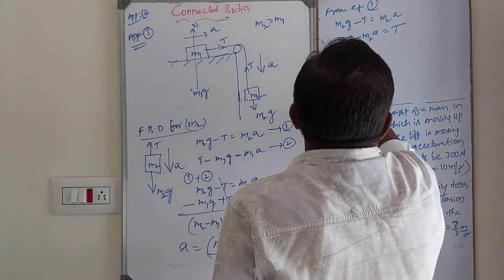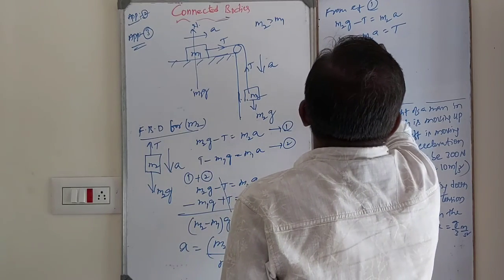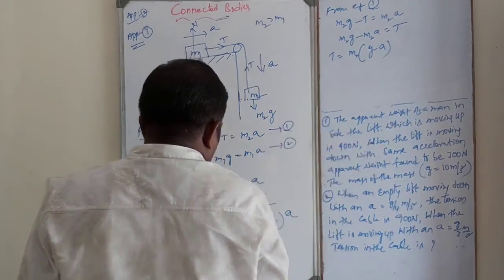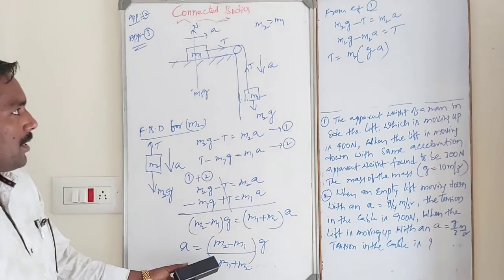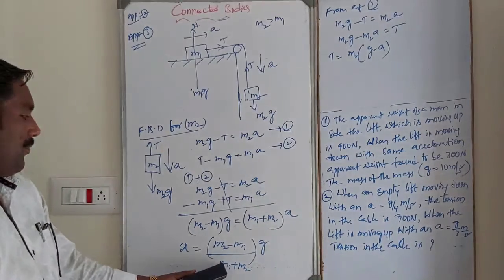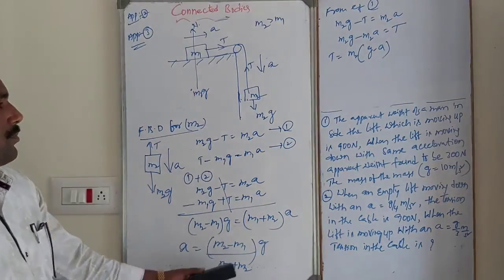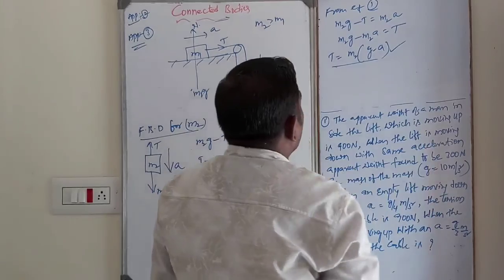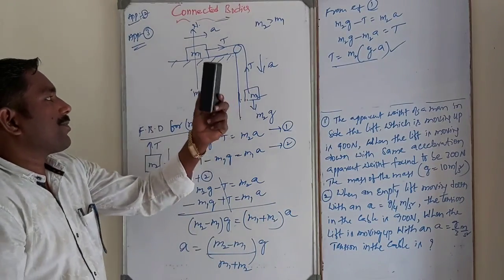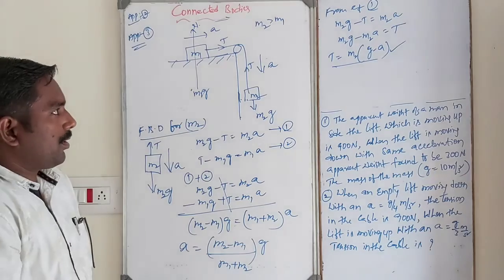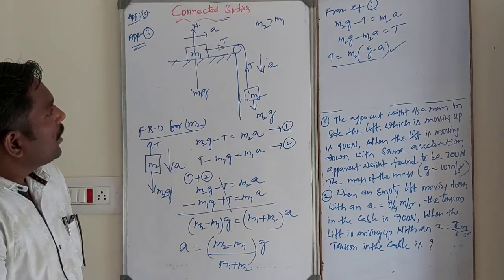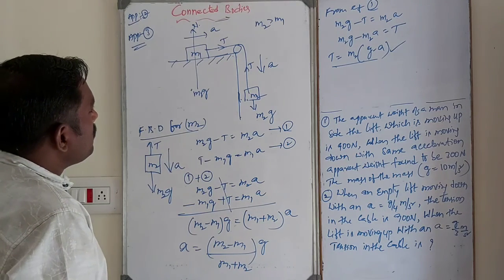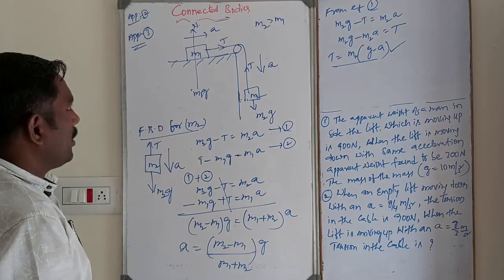So the tension is equal to m2 common, (g minus a). Dear students, substituting the value of acceleration in that equation, we will get the tension of the rope or the tension inside the string.